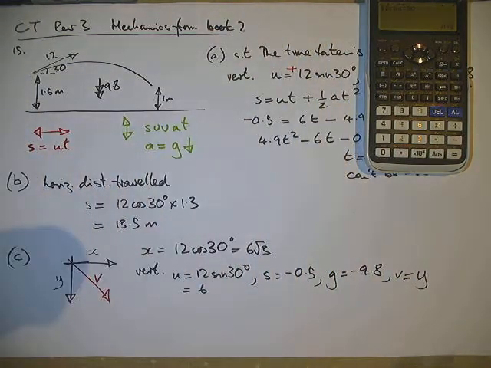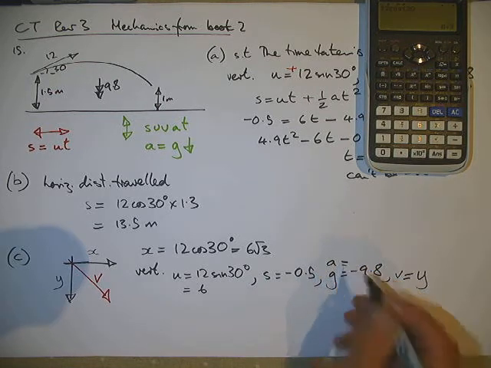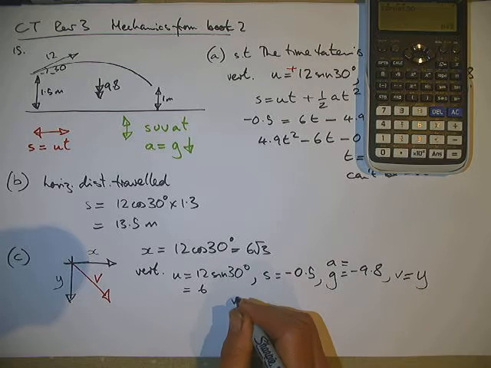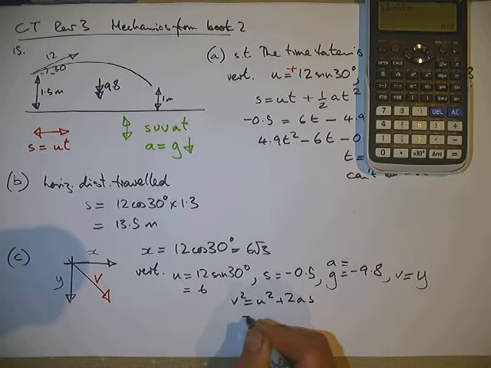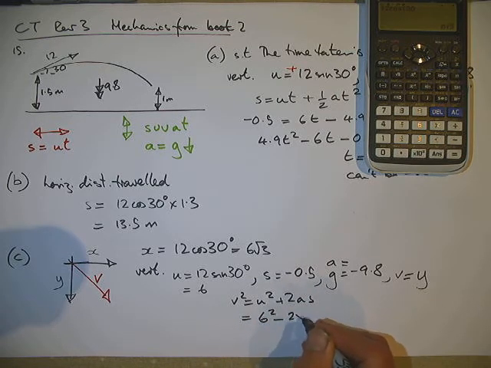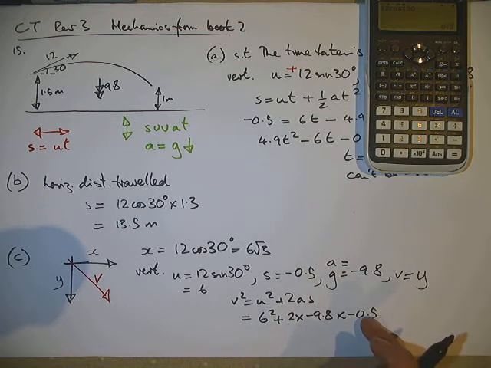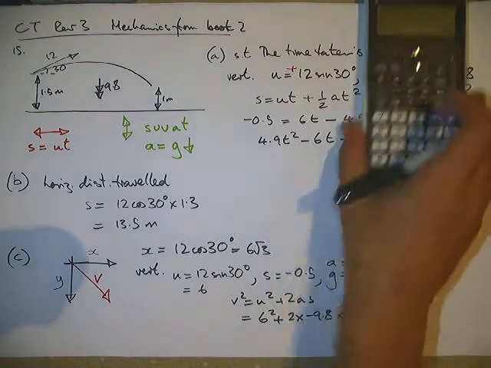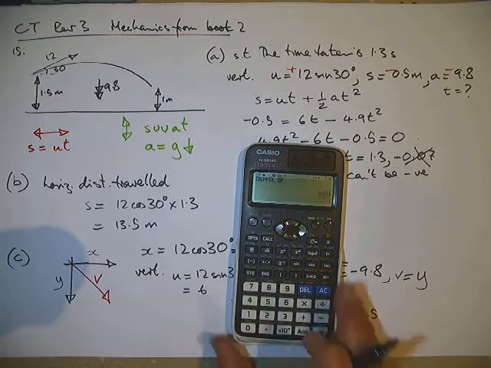So u, s, a, and v. V squared is u squared plus 2as, which is going to be 6 squared take 2 times minus 9.8 times minus 0.5. 2 negatives make a positive. 2 times a half is a 1, so that's going to be 36 plus 9.8.